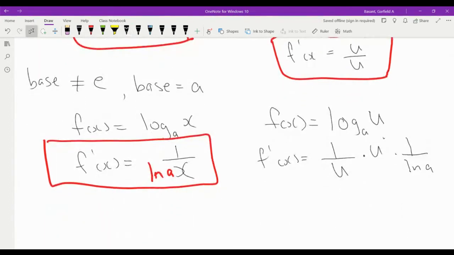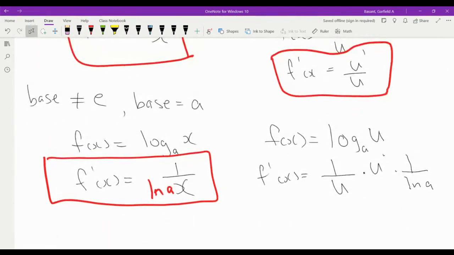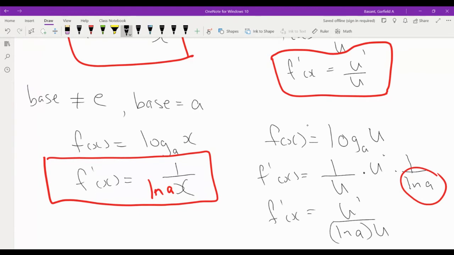So the only difference between this and the previous problems is that we're adding in the ln of a for the base, right? So this becomes u prime over the ln of a times u. So this is our formula for when the base is not e.